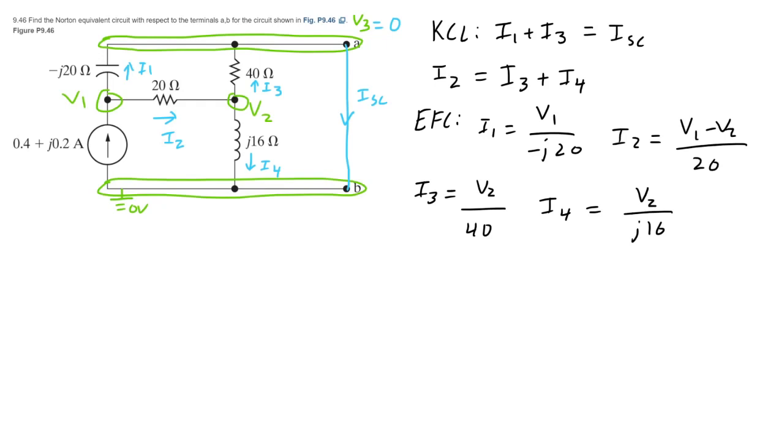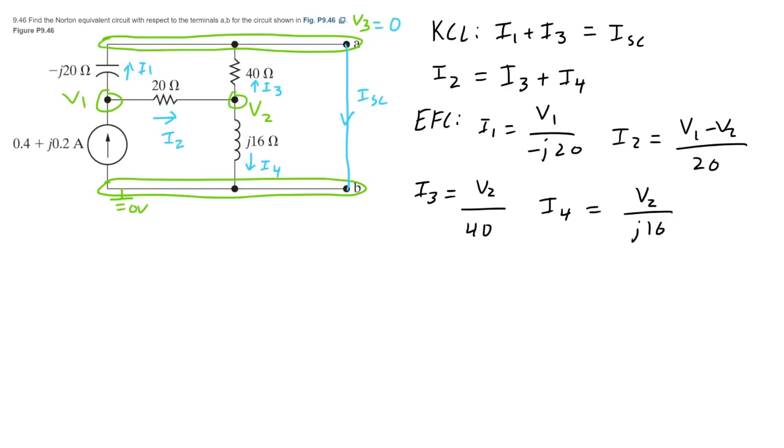Now, when I solved this, I found it helpful to notice that this was effectively a series and parallel combination. There's a series resistance and then a resistance in parallel with this inductive impedance, because they are both going to 0 volts, the top and bottom node.